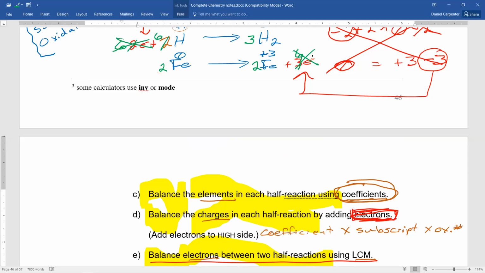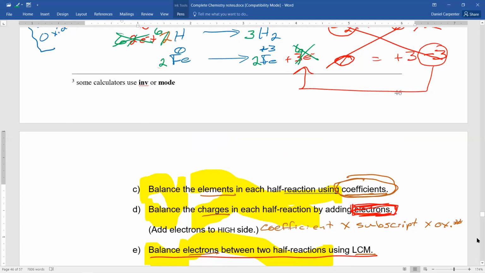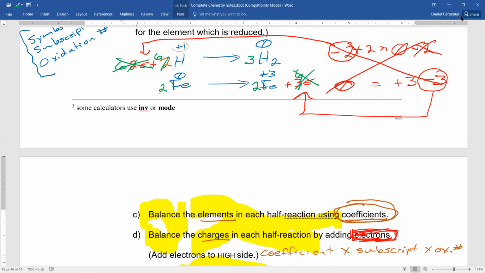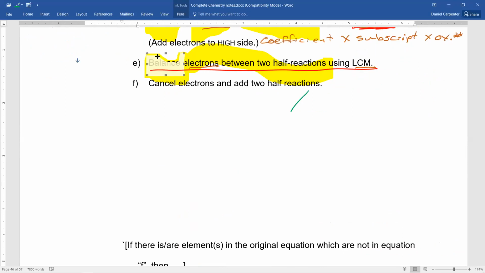So one equation gives 6 electrons, the other equation uses 6 electrons, and the number of electrons has to balance between given and used.